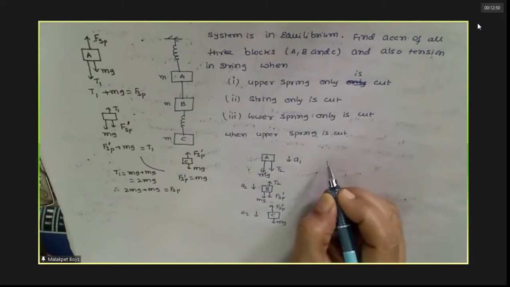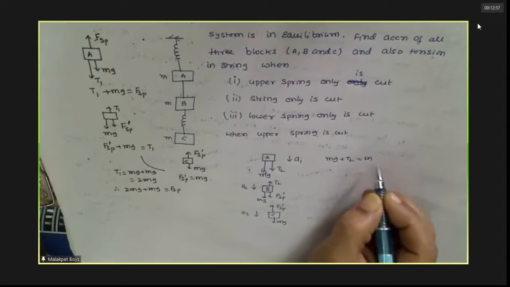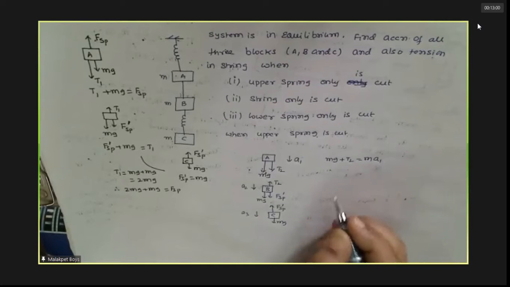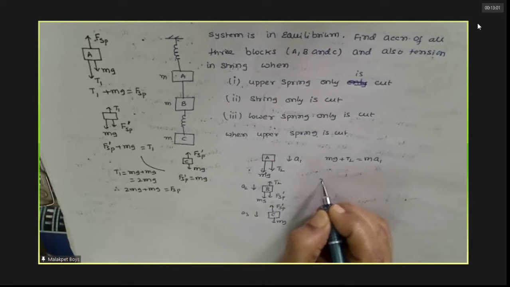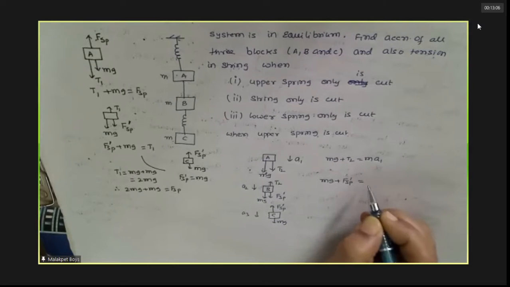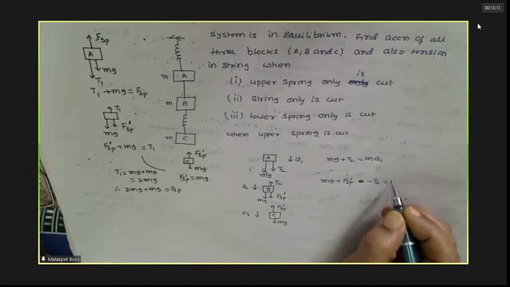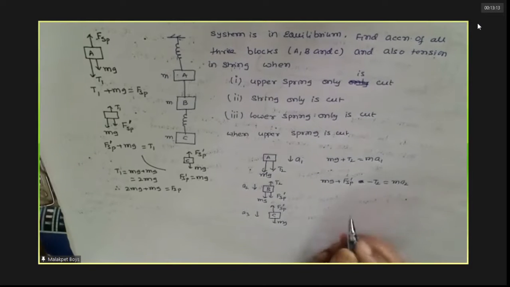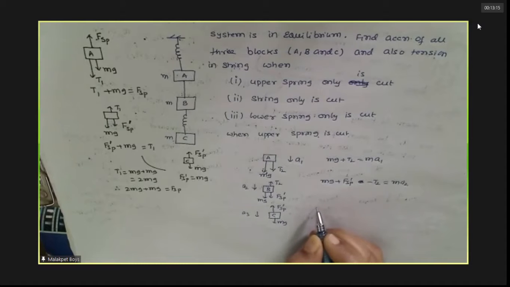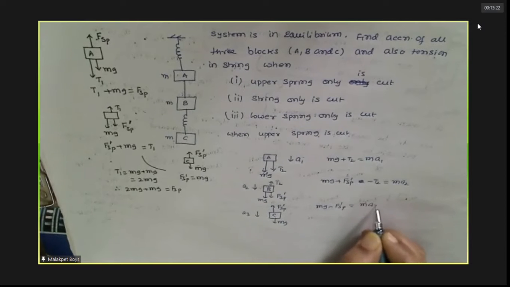Now you can see mg plus T2 is MA1. This is nothing but mg plus FSP dash minus T2 is MA2. Of course, mg minus FSP dash is MA3.